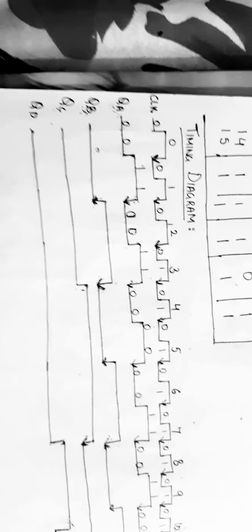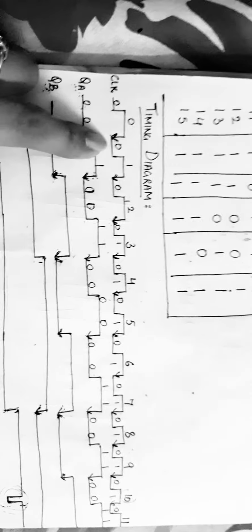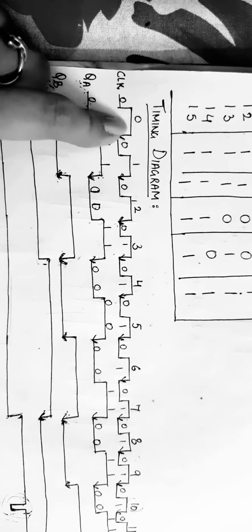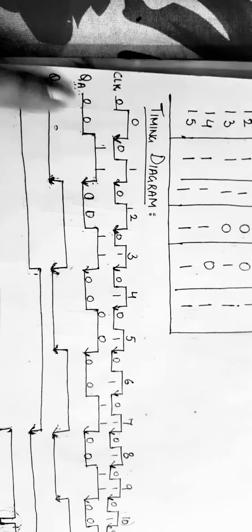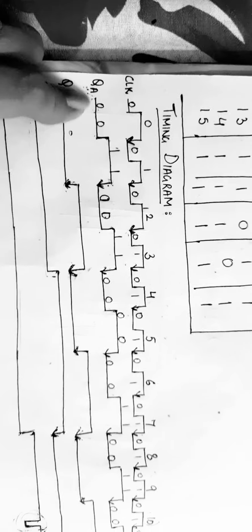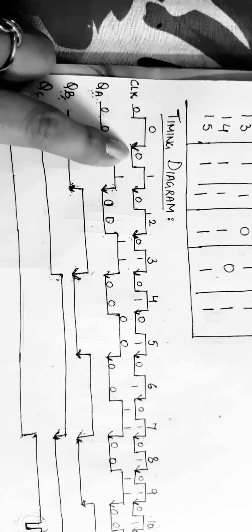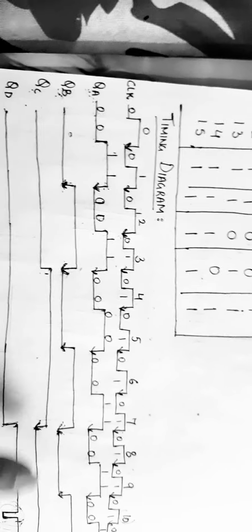Now if we talk about the timing diagram, here we have been using 15 clock pulses, so we have drawn the clock pulses. We are using a negative edge triggered flip-flop, so the arrow is downward. Similarly, if we draw for QA, initially it will be 0 until we receive a negative clock pulse, and so on.